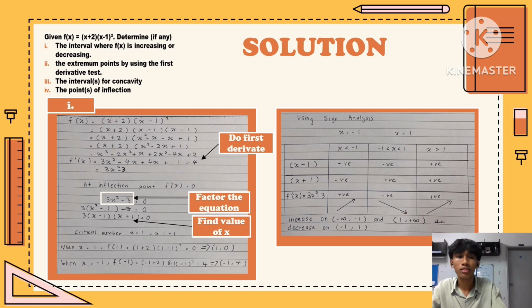Then we substitute the values of x in f(x), and we will get the y values, so we get the coordinates. Then we use sign analysis to identify whether the graph increases or decreases. After that, we get increasing on negative infinity to negative 1, and 1 to positive infinity, and decreasing on negative 1 to 1.